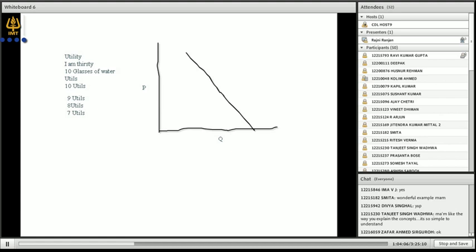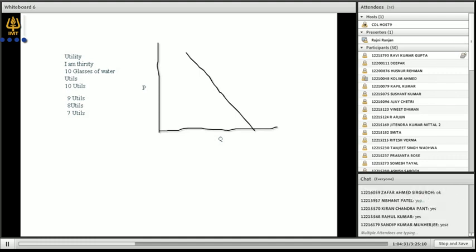The willingness to pay the price is coming down, because I am deriving less satisfaction from each successive unit I consume. Can we say that this law of diminishing marginal utility is also one of the reasons for the law of demand? Anybody who has not understood this?